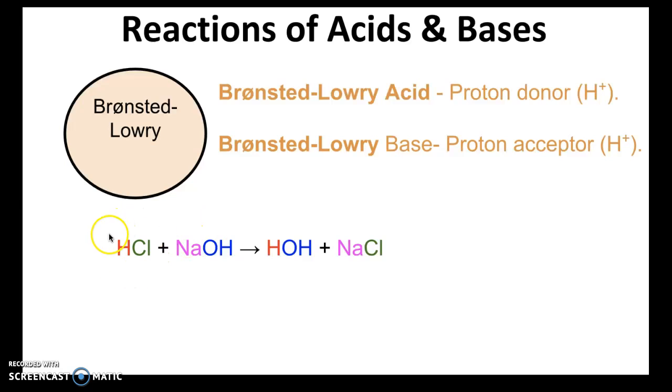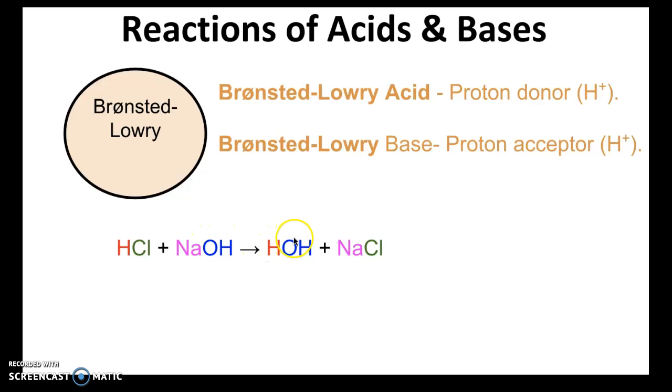Here we have HCl, which is an acid. We recognize it's an acid because it has a hydrogen in front. And NaOH, which is a base because it's a metal hydroxide. All right, so the hydrogen on the acid, that proton, that H+, will go with the OH, or the hydroxide group, on the sodium hydroxide.